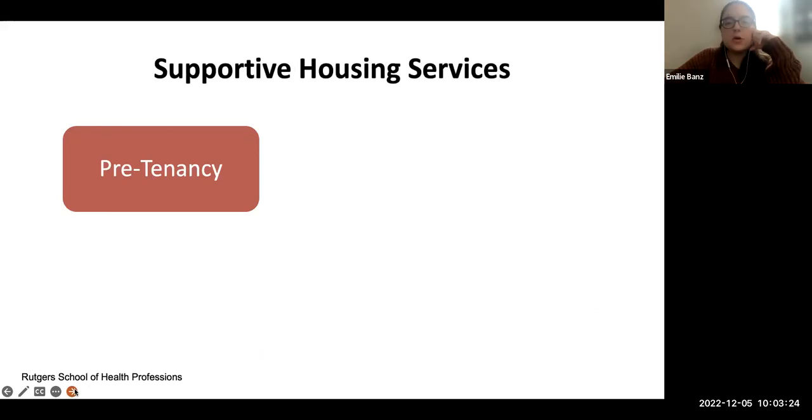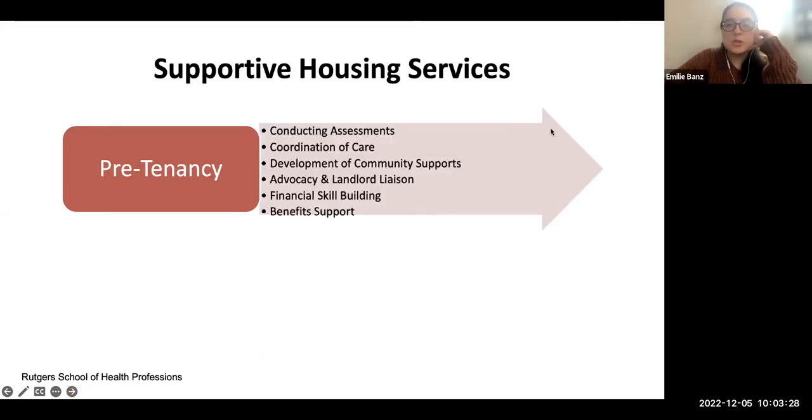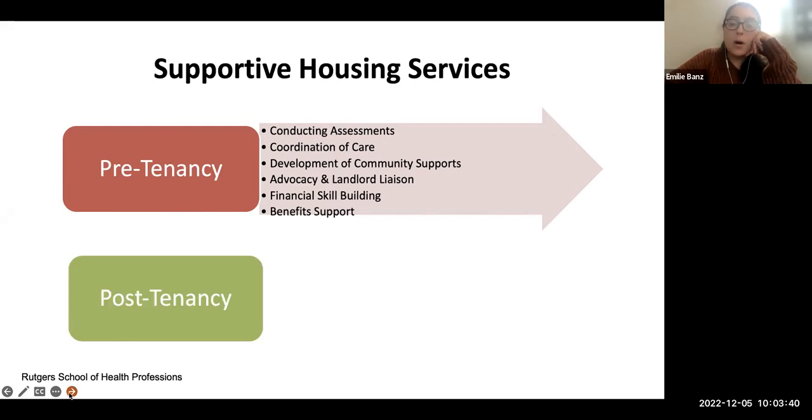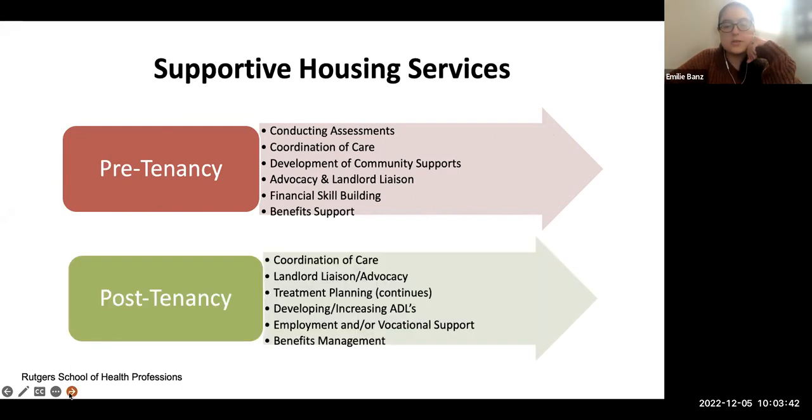Now, in thinking of supportive housing services, we have these pre-tenancy services, which are conducting assessments, doing coordination of care, development of community supports, advocacy and landlord liaison, financial skill building, and then benefit support. And then post-tenancy, so after the person is in their home, again coordination of care, doing some more landlord liaison advocacy, doing treatment planning, right?